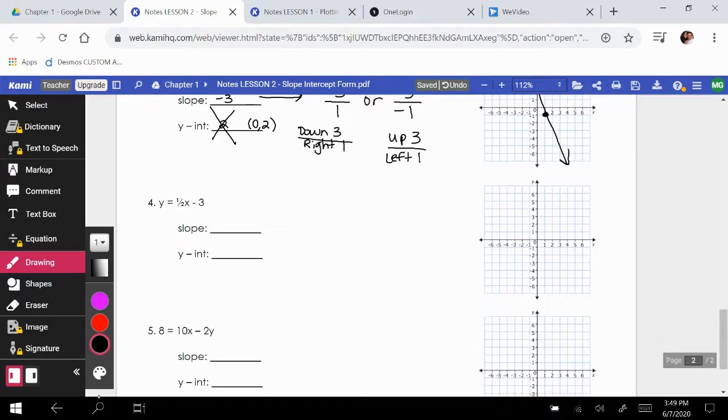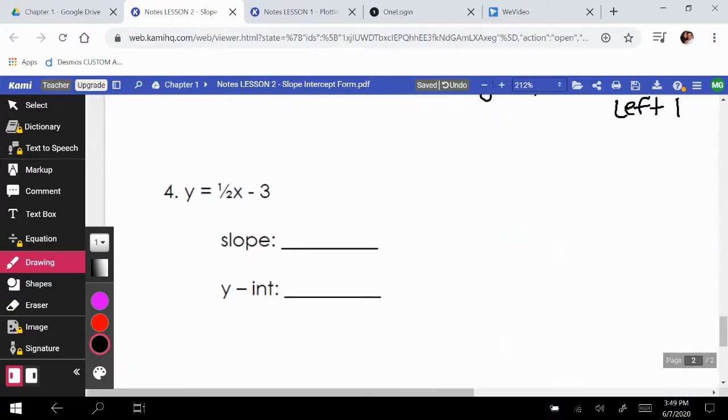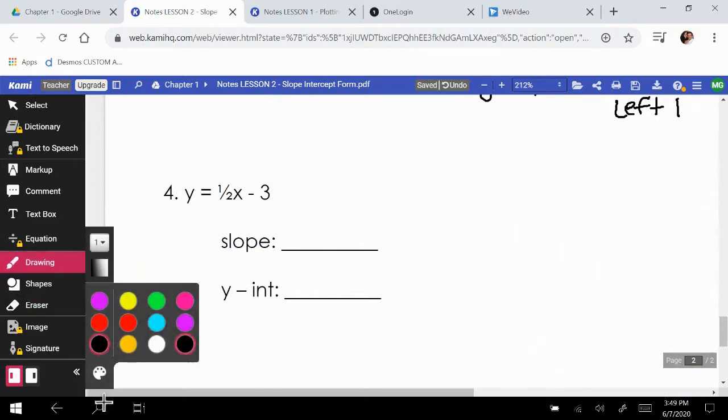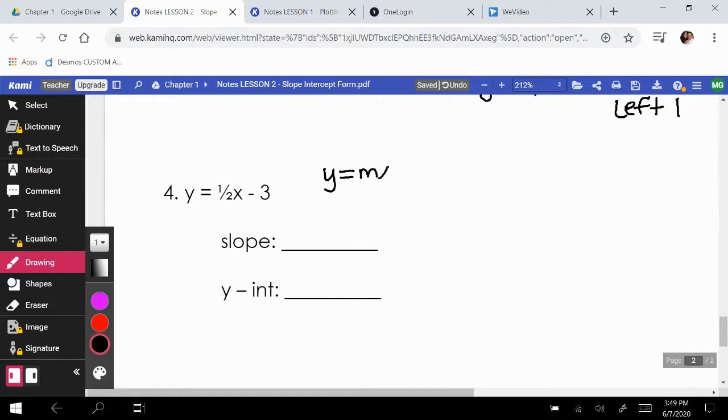Okay, 1/2 x minus 3. Again, the slope is your m value. So that would be 1/2 in this case. I have some people that for whatever reason write 1/2 x.